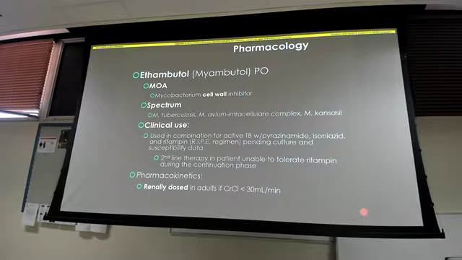And then looking at our last one that we'll get to today is going to be your ethambutol. So when we're talking about this, again, cell wall inhibitor is my mechanism of action that I'm looking at. That spectrum, same thing, what are we talking about? All these drugs, that's what I want you to remember for your spectrum. We're talking about TB.